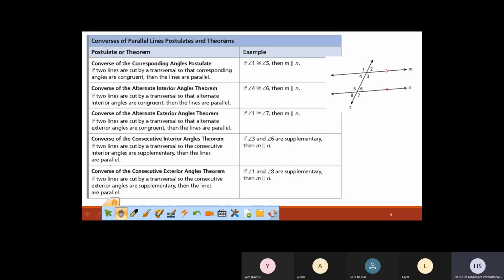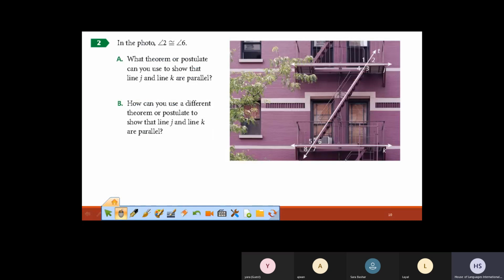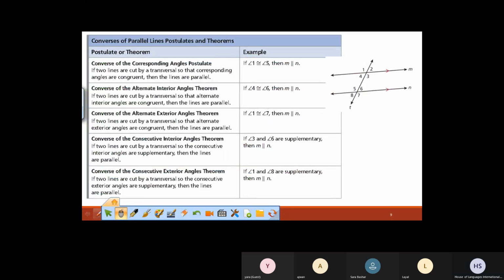Consecutive exterior, yes. It can't happen.